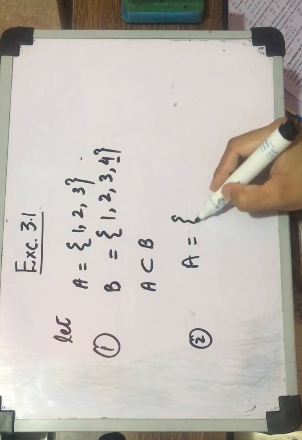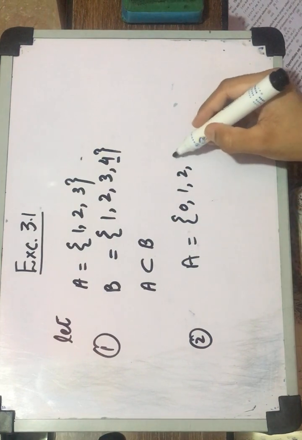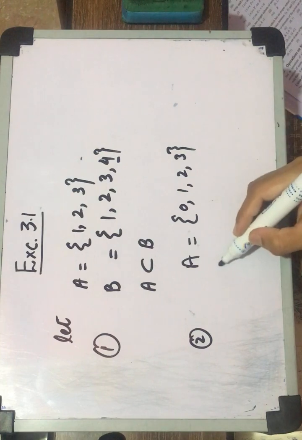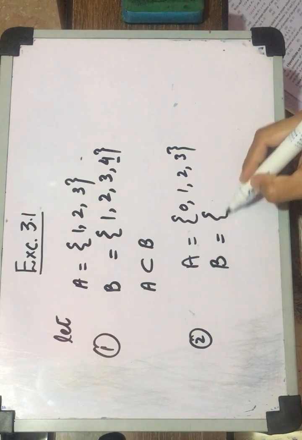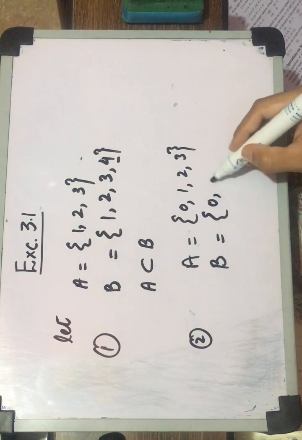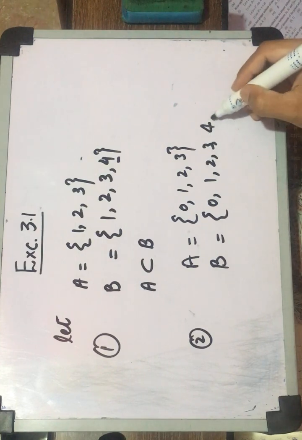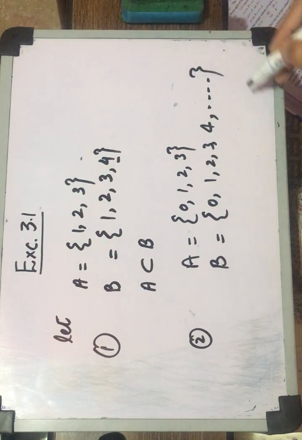A is equal to {0, 1, 2, 3}, and B is equal to {0, 1, 2, 3, 4} and so on.